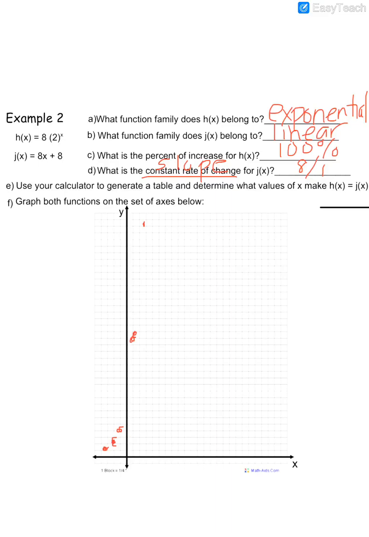Counting up to 32, I think is there. Okay, I'm going to connect. And again, it gets really close to, but not touching the y-axis. It goes really high there, though, really tight to the y-axis. And we're going to call this h of x.